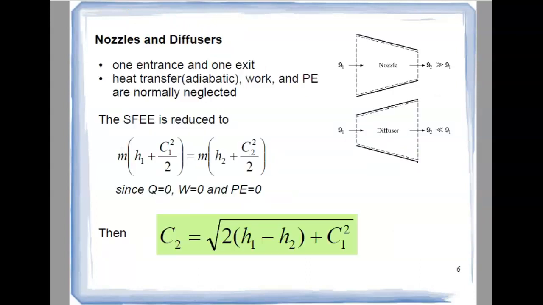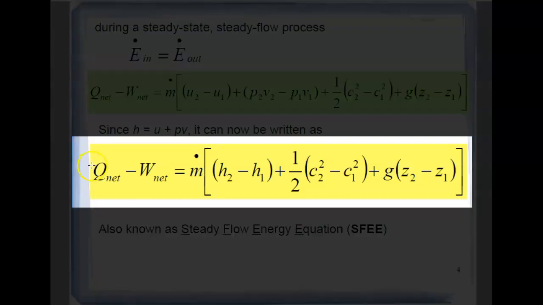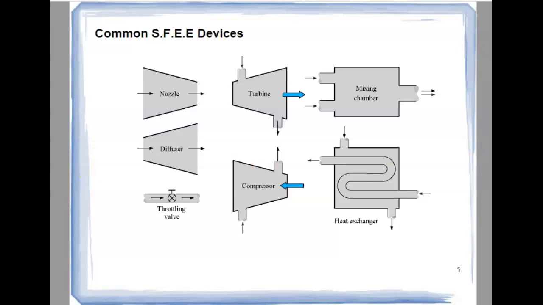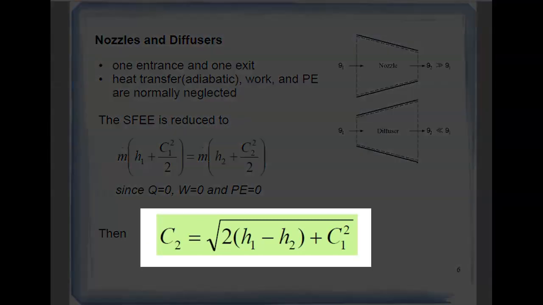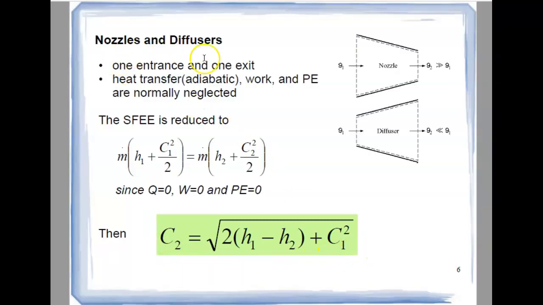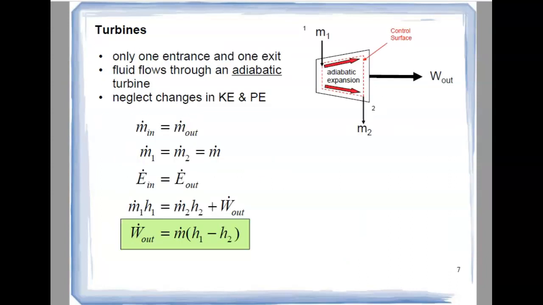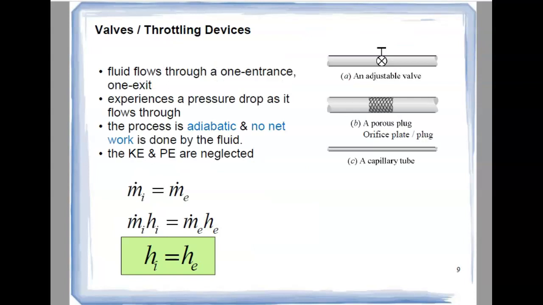So based on this steady flow energy equation, we will determine what types of devices we are going to use, and from there onwards we are going to deduce the steady flow energy equation into these equations for nozzles or diffuser, and then the turbines, and then compressor, and finally valve or throttling devices.